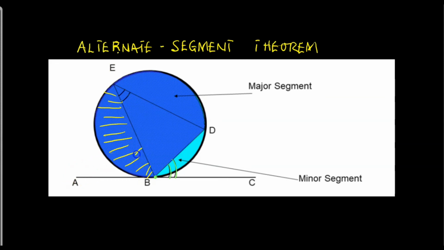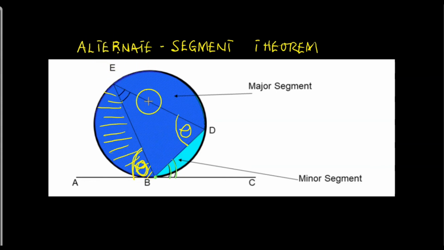So the angle formed here, if I call it theta, any angle subtending on the chord BE in the major segment will automatically be equal to theta.